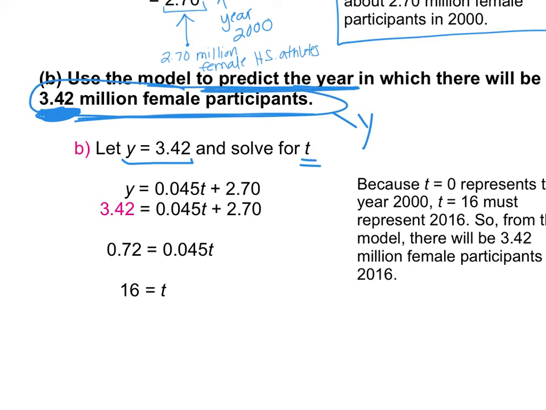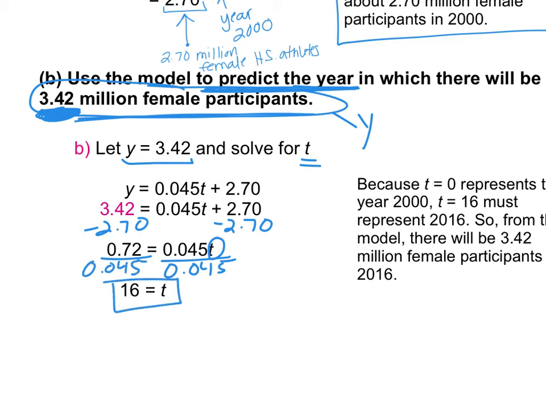So we substitute in that 3.42, subtract that 2.70 over, and then divide. We're solving for t, so we divide by 0.045. And your t value would be 16. And remember, t is time, so this is the year 2016.